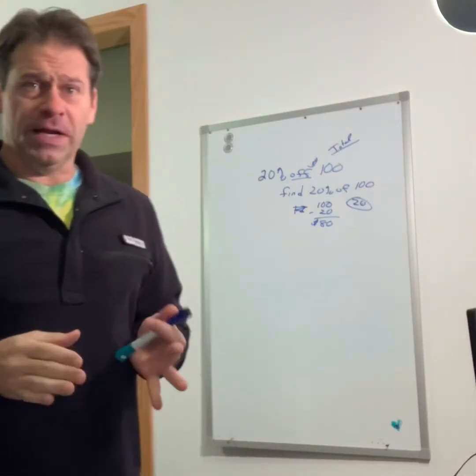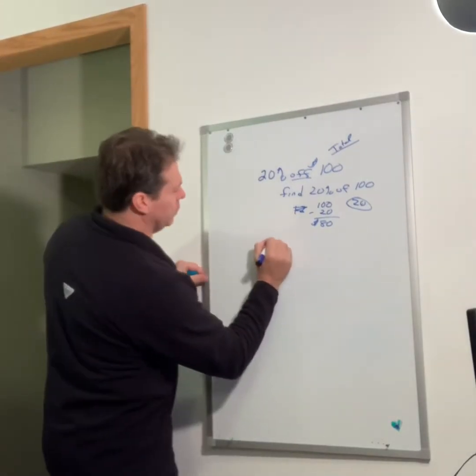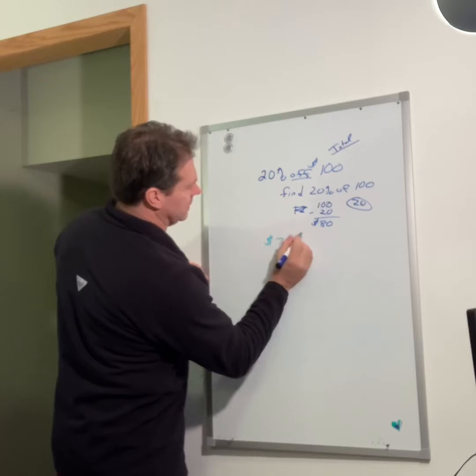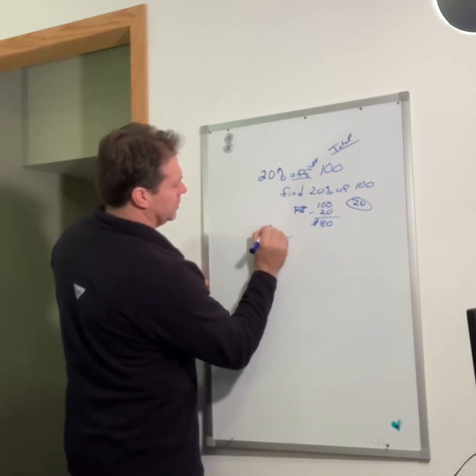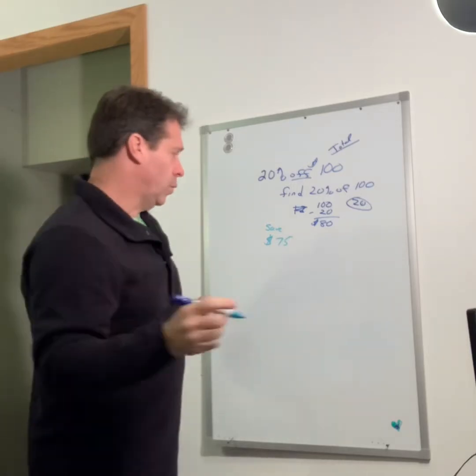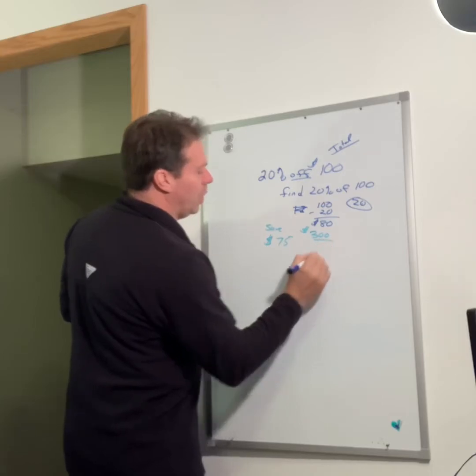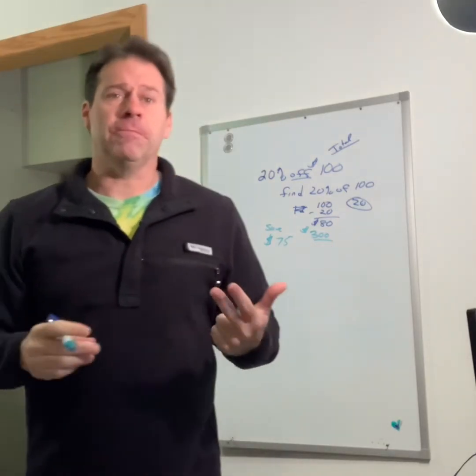There are some where they're asking you other questions, like if you saved $75, but the original price was $300, what percent did you save? Now, a couple ways to do this one.